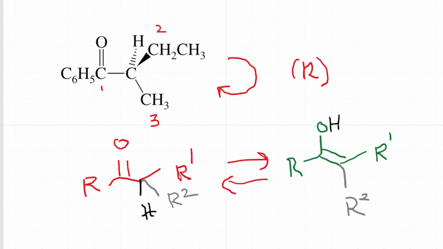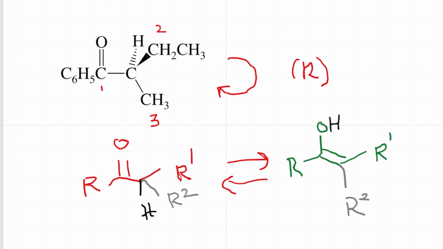From the previous question, we have understood that the benzene ring does not enolize, and so the only enolizable hydrogen here is this one. When it enolizes, you're going to have an equilibrium between the keto form and the enol form, and as you know, the enol form is actually planar.